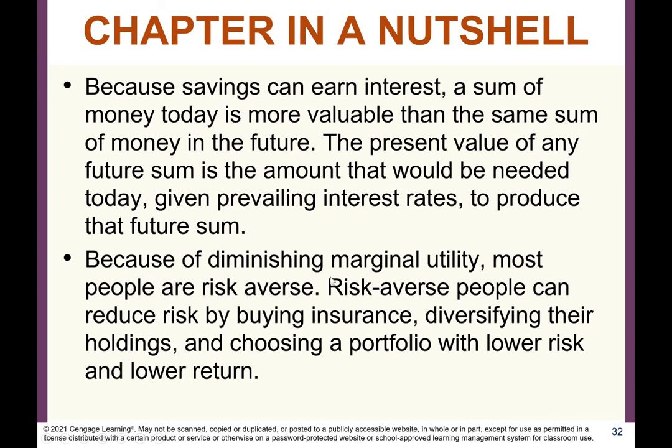Because of diminishing marginal utility, most people are risk averse. Risk averse people can reduce risk by buying insurance, diversifying their holdings, and choosing a portfolio with lower risk and lower return.